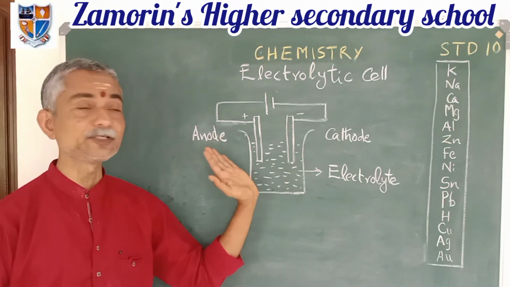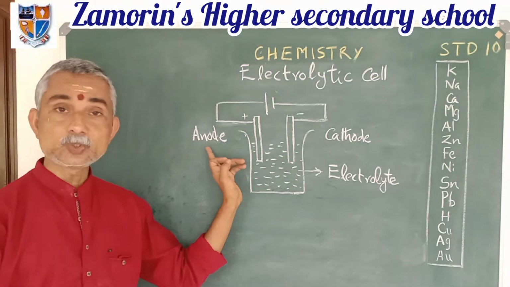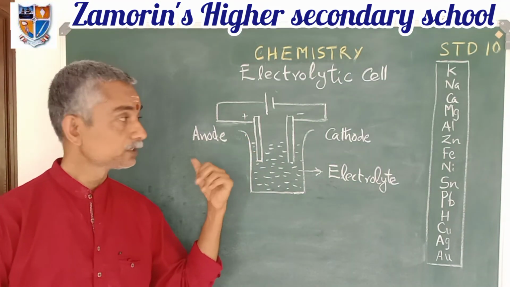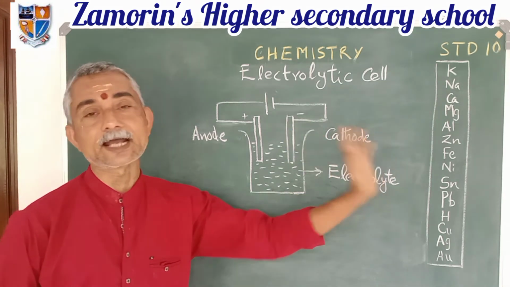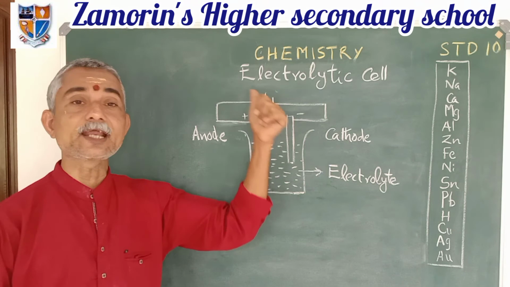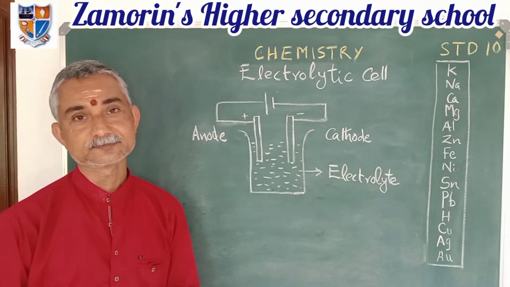For this electrolyte, usually we take water, sodium chloride or any molten solution which will pass electricity. So it will split up into two ions. The electrode at which oxidation takes place is called the anode and the electrode at which reduction takes place is called the cathode. So here oxidation and reduction take place simultaneously.